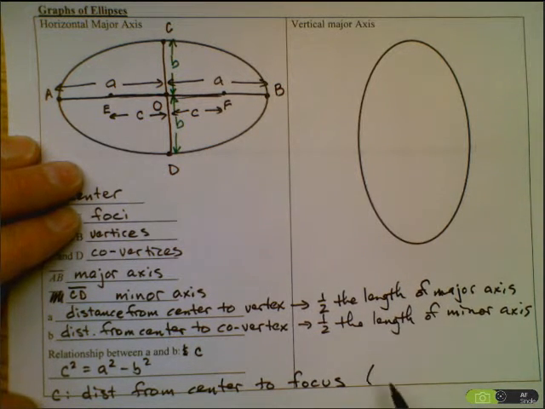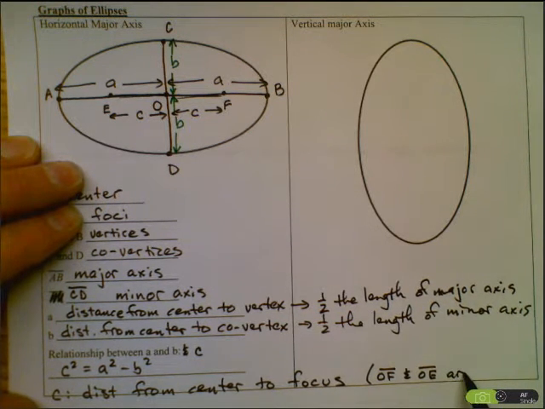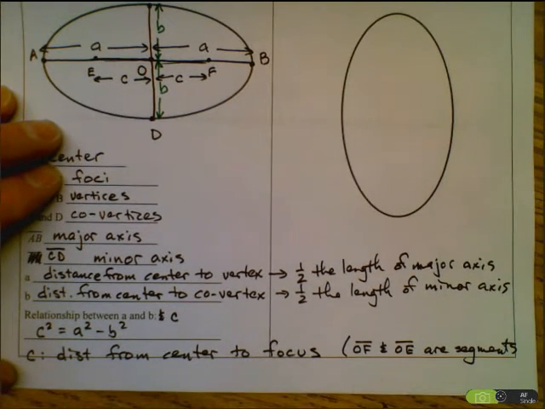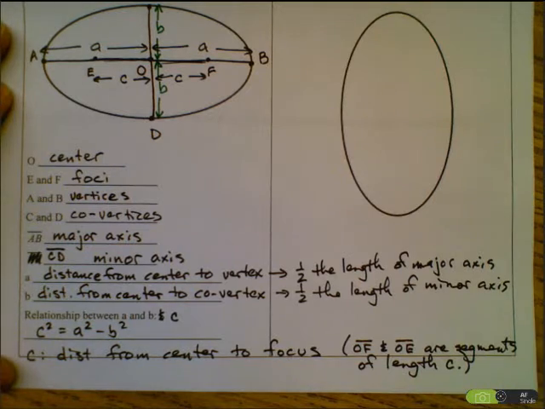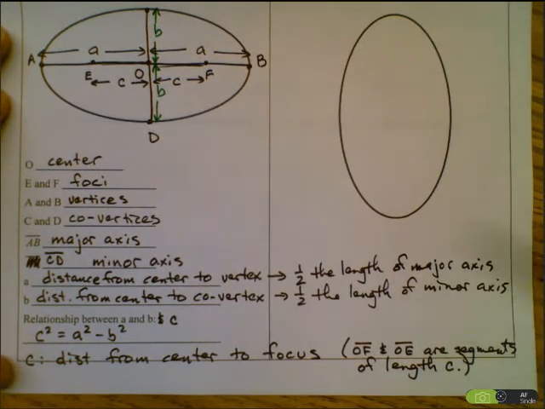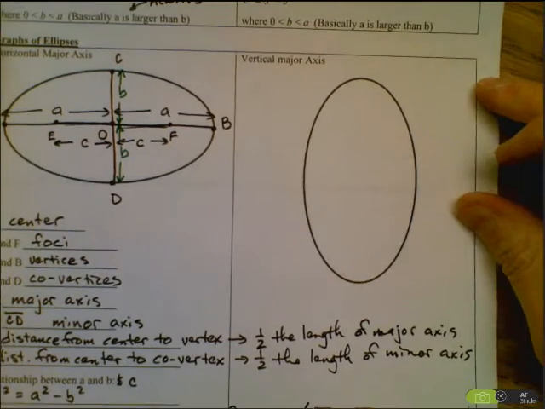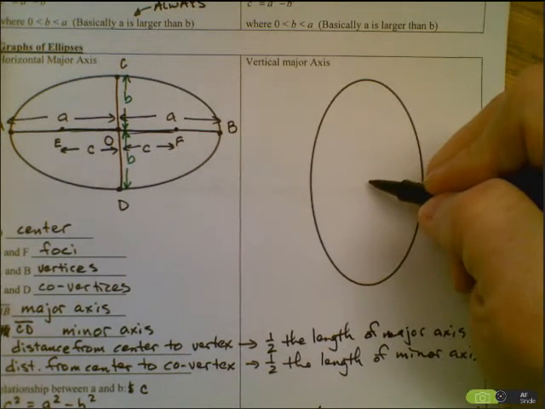Right, so again in our picture, OF and OE are segments of length C. Alright, so again, there's lots of different parts. The more problems that you do, the better that you'll get at this. So make sure that you're working on the problems.